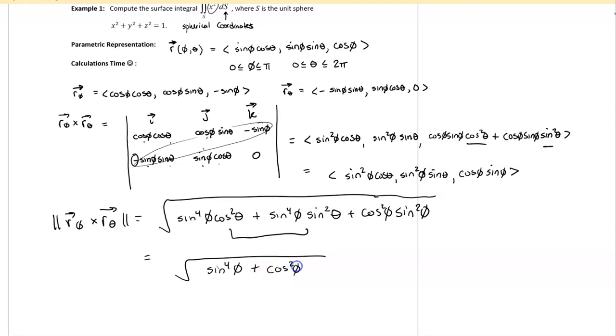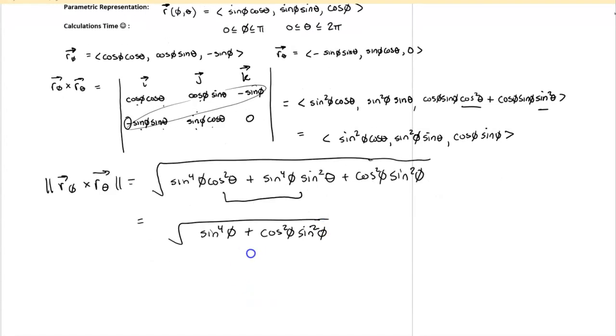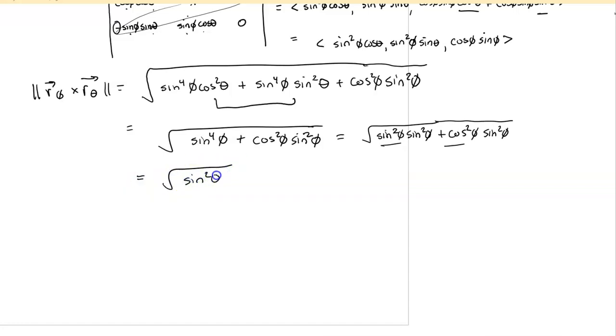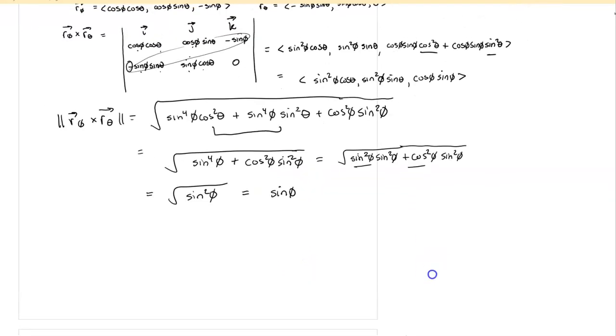And we have a cosine squared phi sine squared phi. And you might not notice this immediately, but if I write, instead of sine to the fourth, sine squared phi sine squared phi plus cosine squared phi sine squared phi, you'll notice that this actually ends up being the square root of sine squared of phi. Be careful not to just say that this is sine phi without giving this a moment's thought.